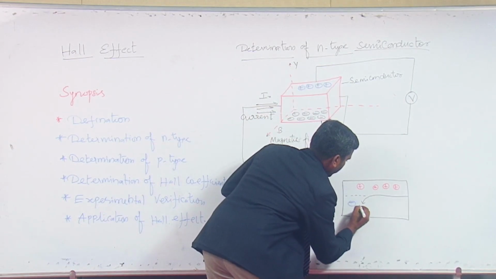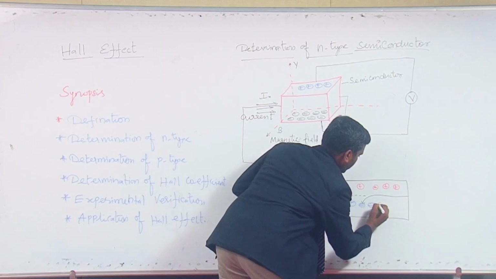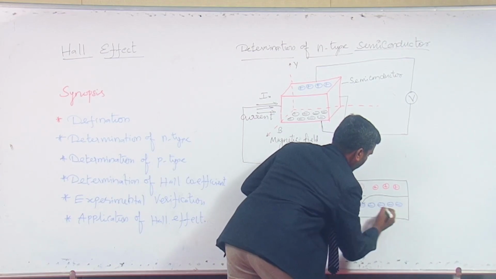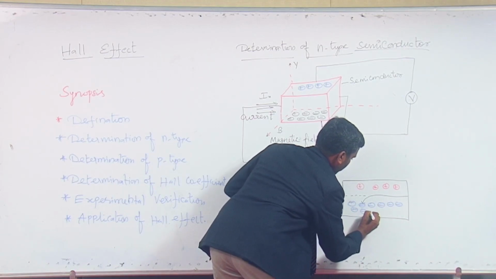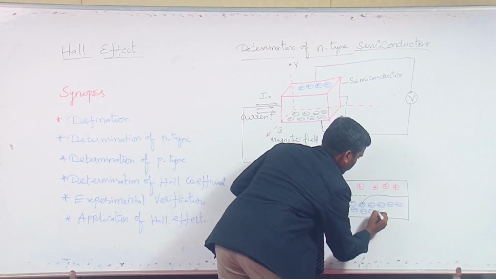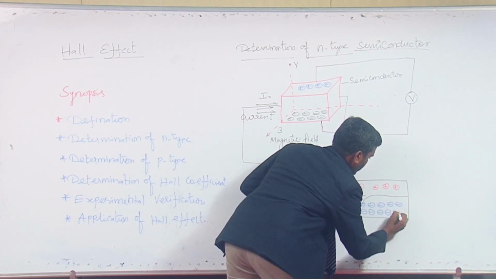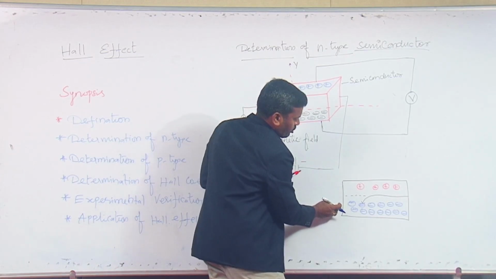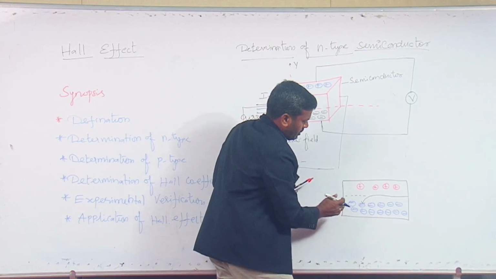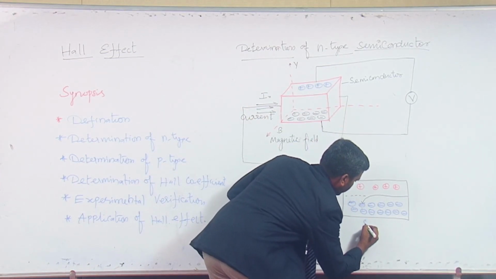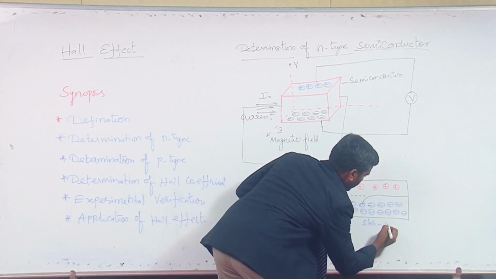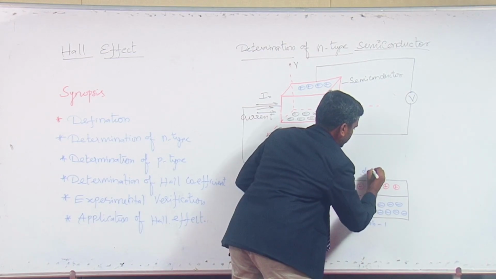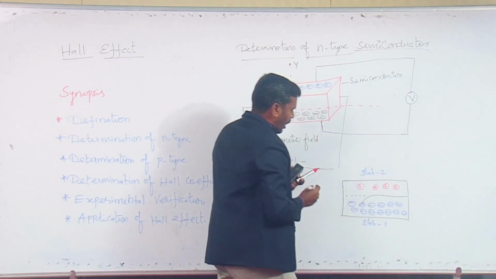More electrons accumulate at the bottom of the slab compared to the top, so a small amount of holes accumulate at the top of the slab, but more electrons accumulate at the bottom.